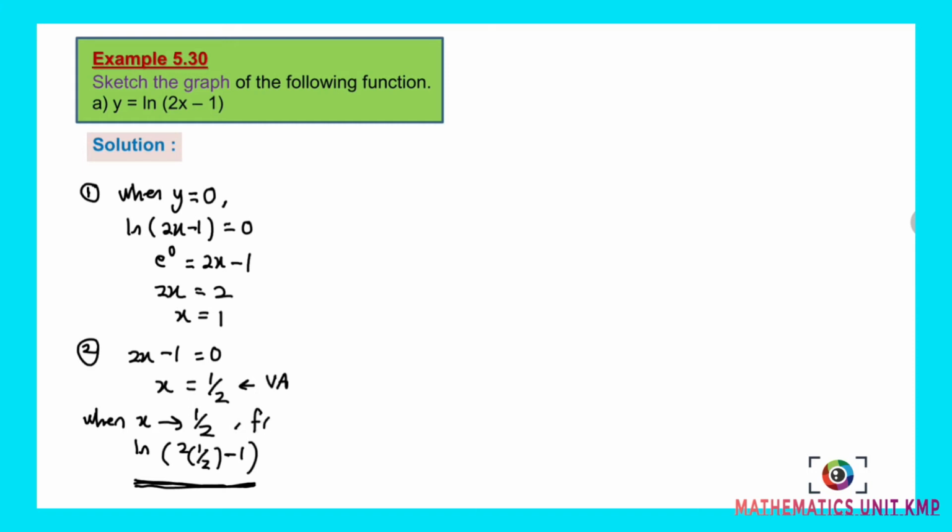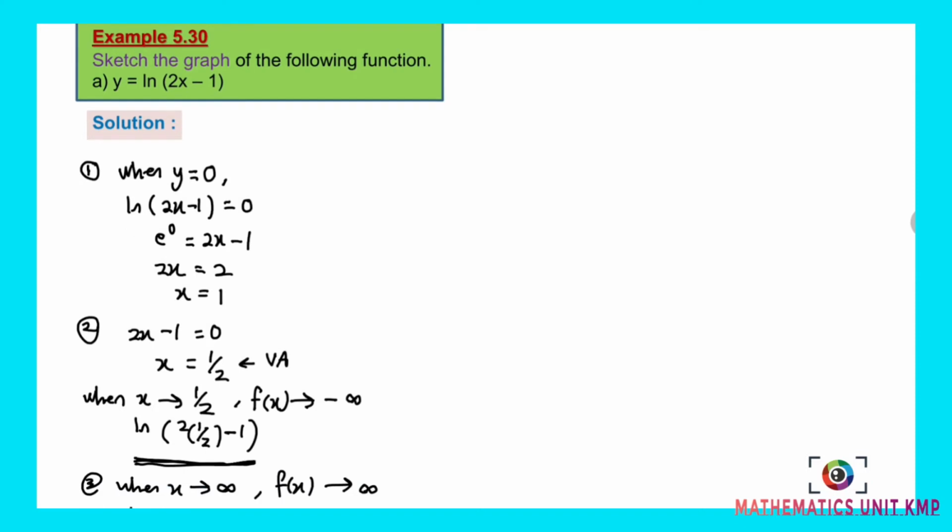So f(x) dia will be approaching to negative infinity. And then the last step is when x approaching positive infinity, the value of f(x) will be approaching positive infinity, terlalu besar. Okay, cuba you masukkan macam ini. Yes. Okay, now lengkap 3 step.